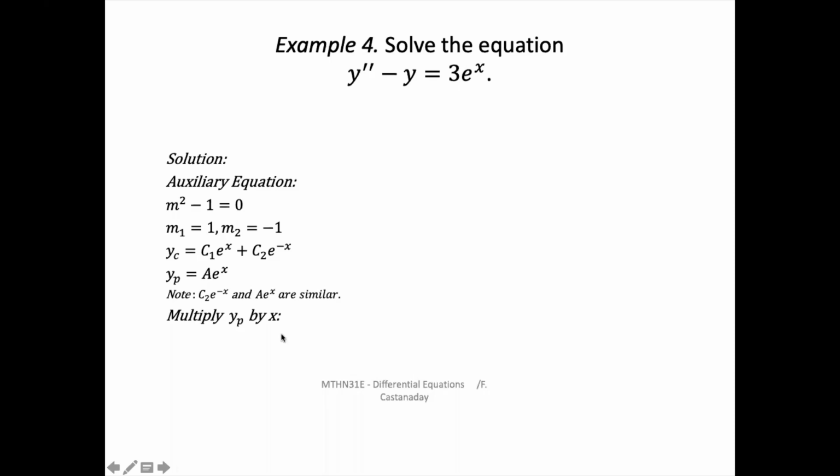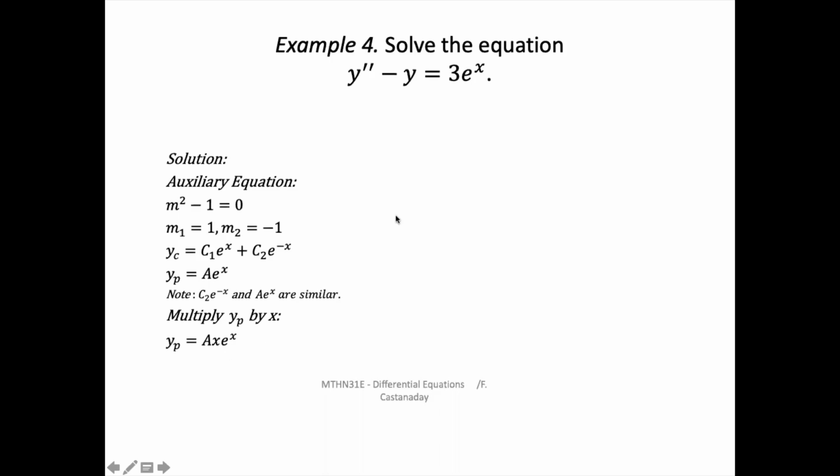Okay, so we have this particular step on the previous slide. For as long as we do not see any similarities in y sub c and y sub p, we multiply y sub p by x. So now we have y sub p equal to a x times e raised to x.